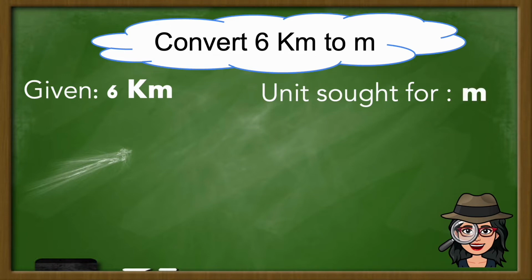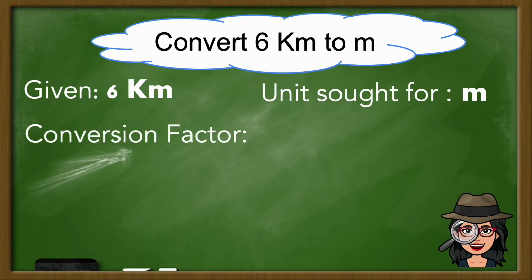This time, we need to identify the conversion factor that we will be using. So how do we do that? First, you can ask yourself, which unit is bigger? So between kilometer and meter, which unit is bigger? You're correct. That is kilometer.